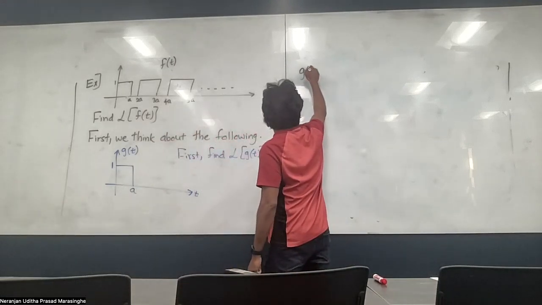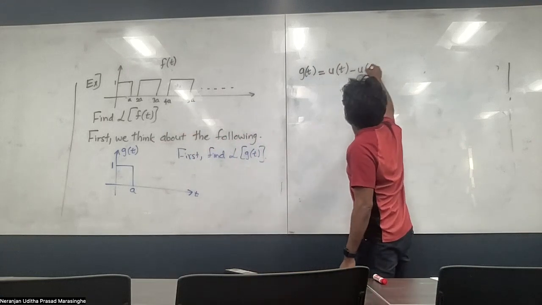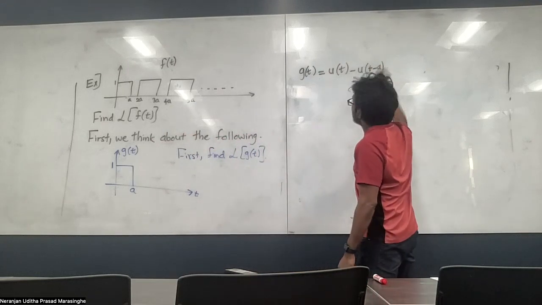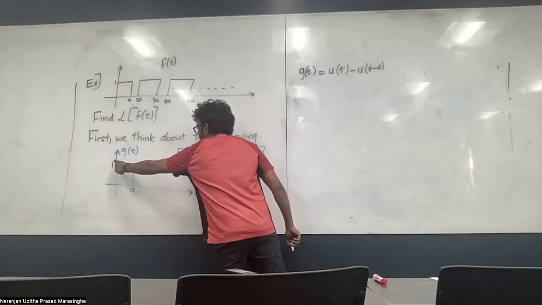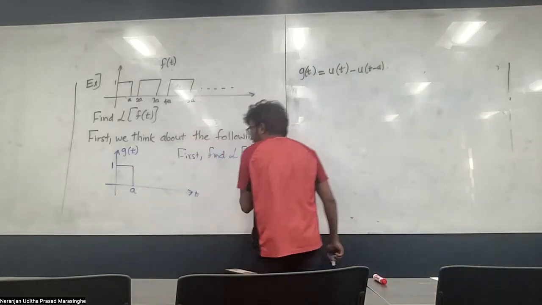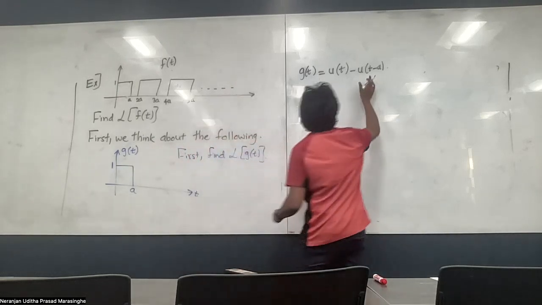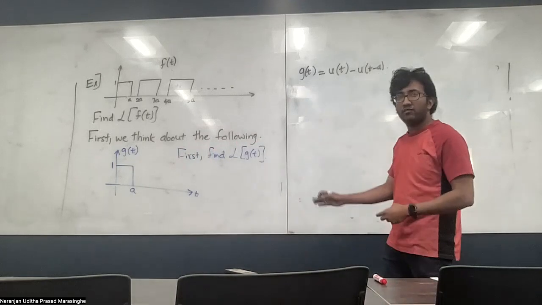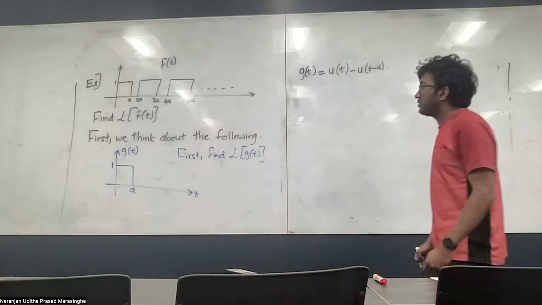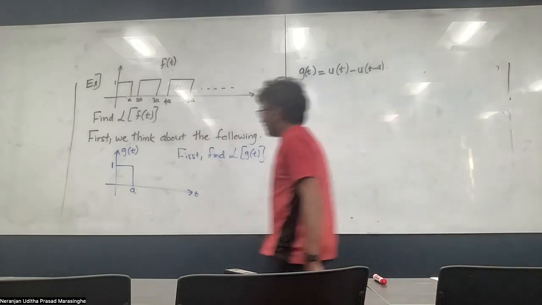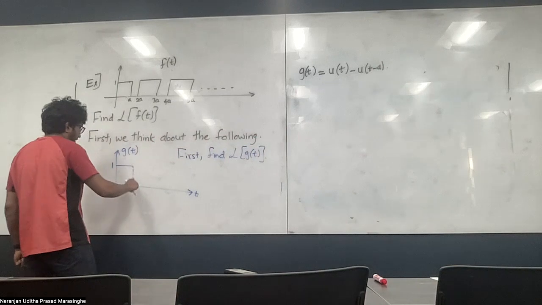So what is g(t)? g(t) is equal to u(t) minus u(t minus a). Because u(t) is the pattern from here to infinity, and u(t minus a) would start at this point. So if I subtract u(t minus a) from u(t), I would get this. I would draw a dotted line here, then it's clear, right?